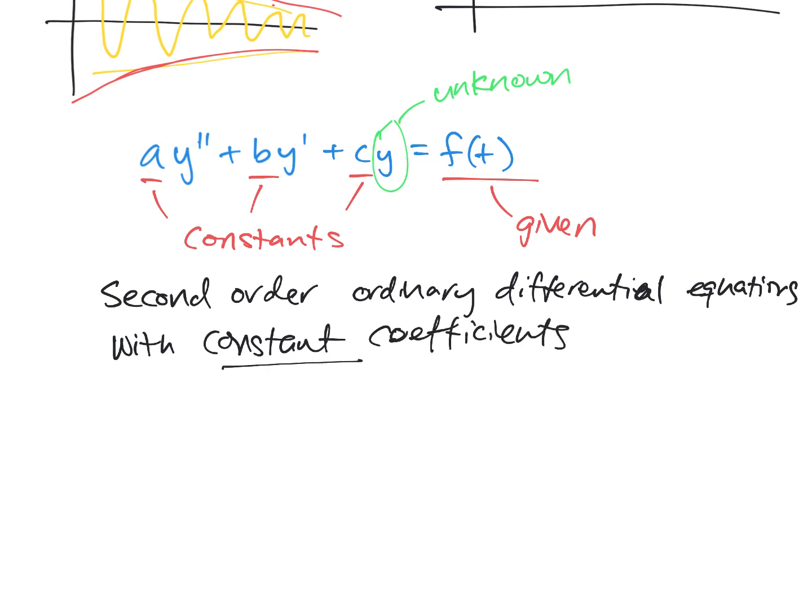It's the constant coefficient that is really the simplification that we're looking at. Remember with the linear equations that we have in first order, sometimes what we do is multiply the y or the y prime by some function. And in this case, we were saying that we only want to think about constants, and that's going to be the first simplification.